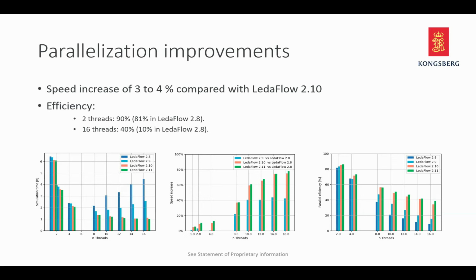What we have achieved this time is a speed increase of 3 to 4% compared to LedaFlow 2.10. So that's what you may see in this graph here. We normally compare against 2.8 as this is our reference version.